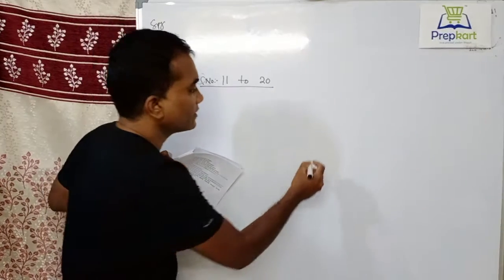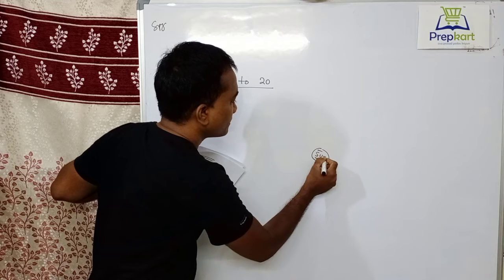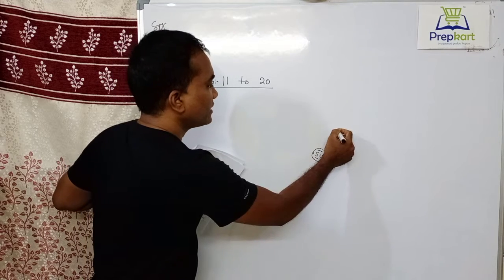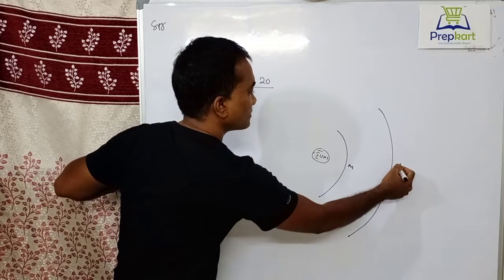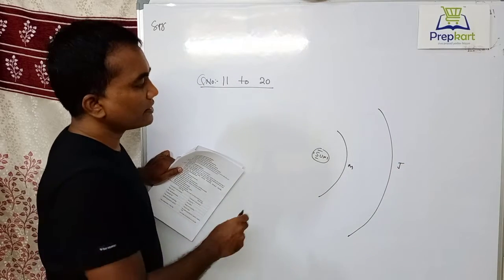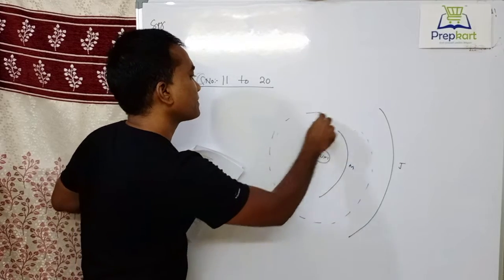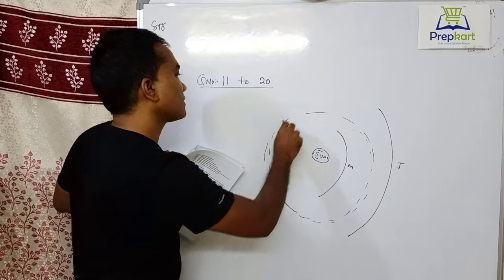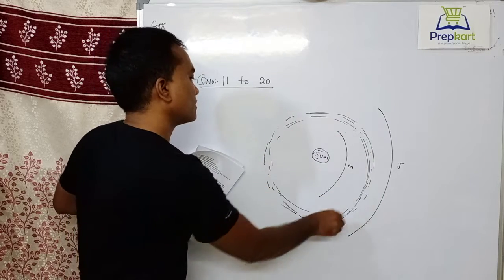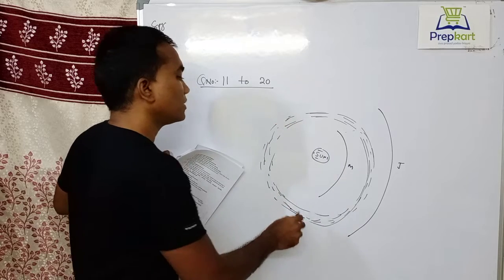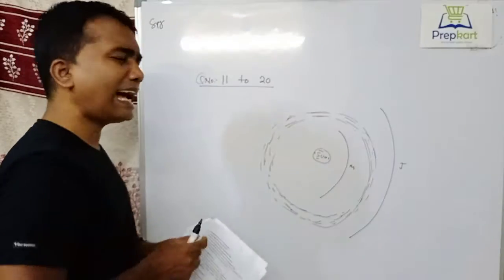For example, this is the Sun, and assume that here you have Mars and here you have Jupiter. So in between this Mars and Jupiter, you will be having a torus shaped asteroid movement.